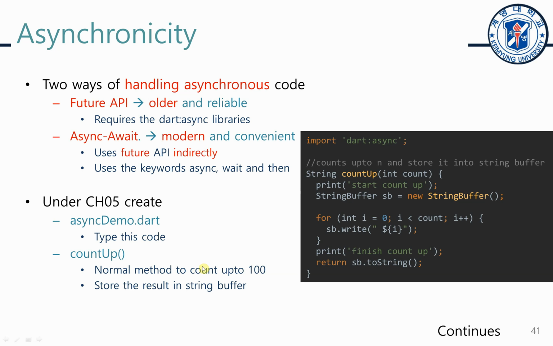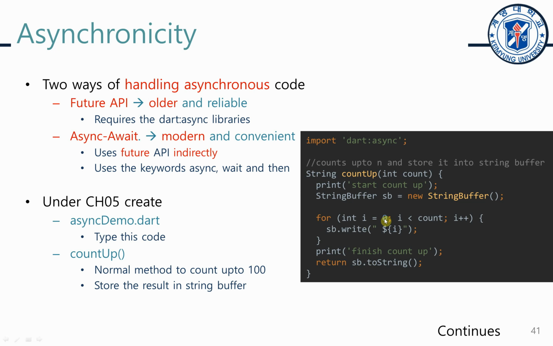So for instance, we have a countUp method which starts counting up, and then we have a new StringBuffer called sb, and our countUp method returns a string. As you can see here, we are familiar with this return type. And then what does it do?